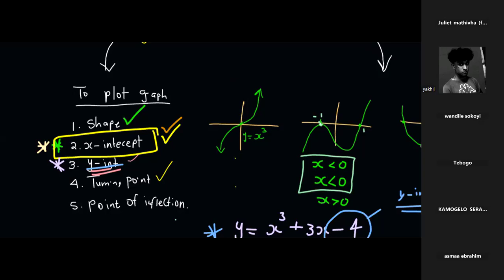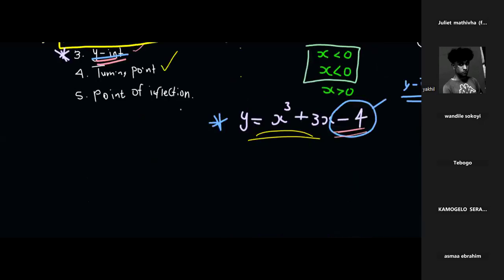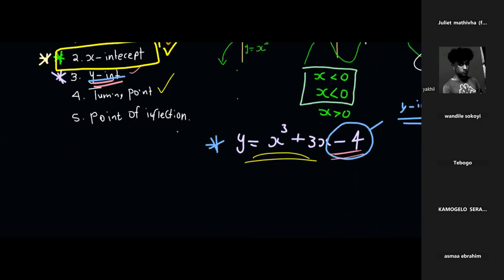And then lastly, there are two ways in which you can find the point of inflection. Where do we use the formula? The one of calculating the turning point. Yes, it's a must.